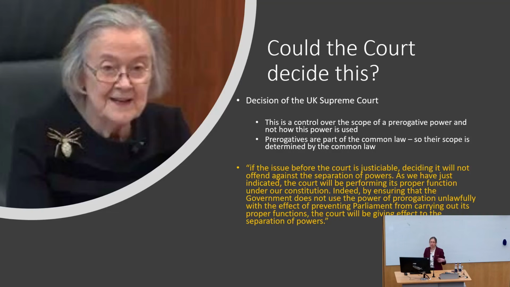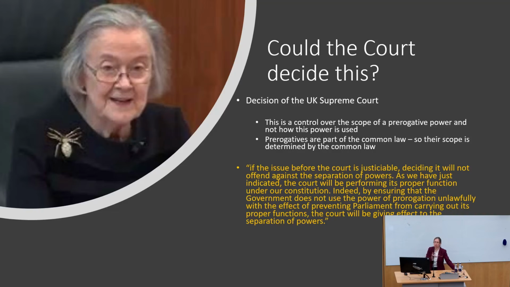And how do we distribute power between these institutions, and how do they check on each other? And she said it's our job as the court to make sure that these institutions perform their job properly in the Constitution.